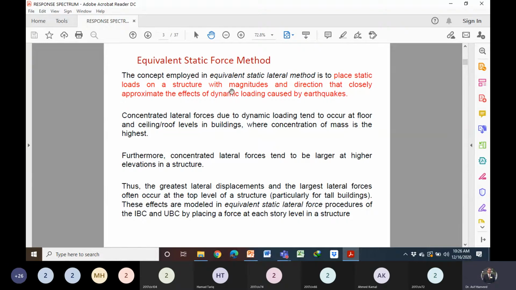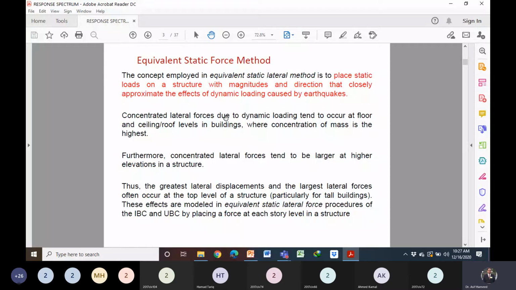So the basic concept is that we can apply lateral forces that are static in nature, and those lateral forces will have almost the same effect as the effect of a dynamic load because of a certain earthquake.